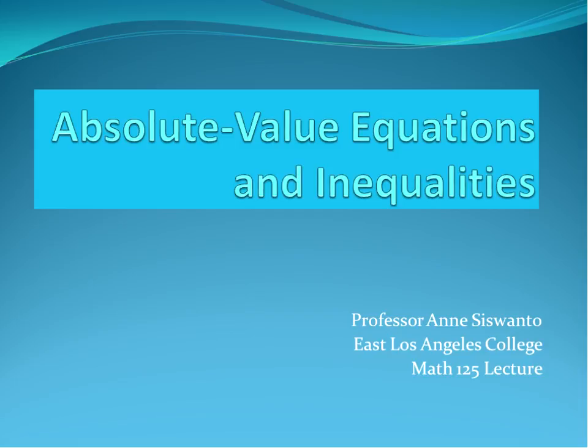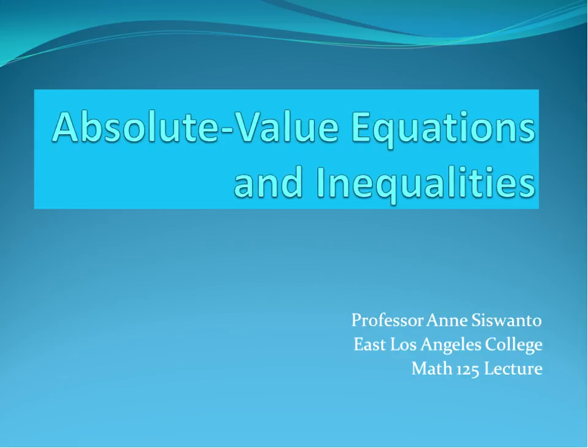If I say absolute value of x plus 2 is 4, this is the distance between x and what? Not 2, but negative 2. So it has to be minus.